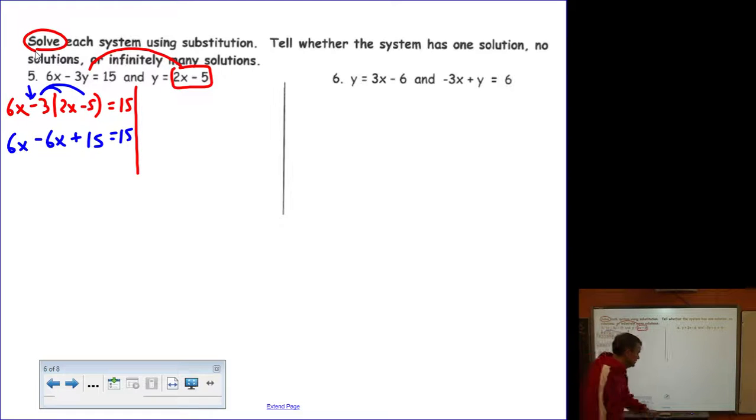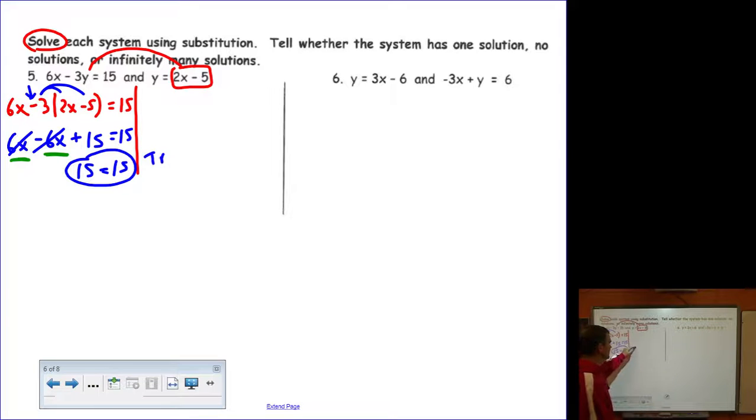And finally, when I combine my like terms, 6x minus 6x, those just cancel out, and I end up with 15 equals 15.